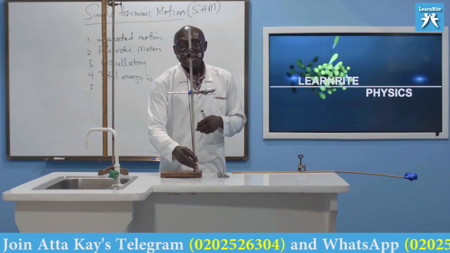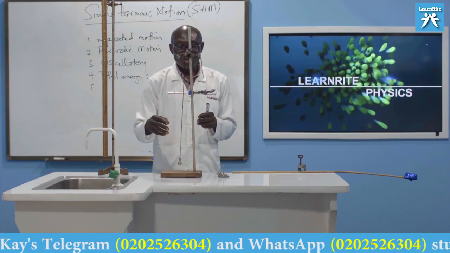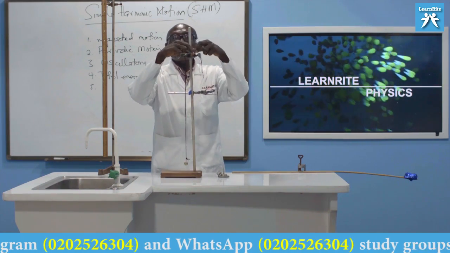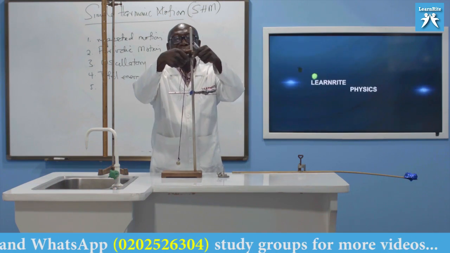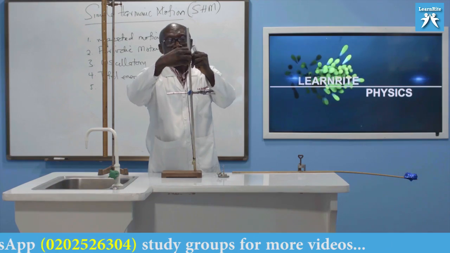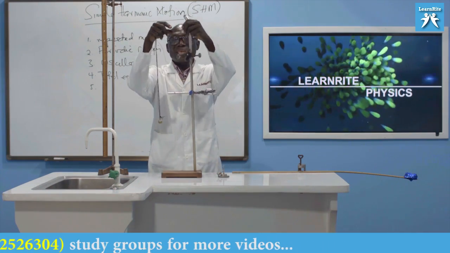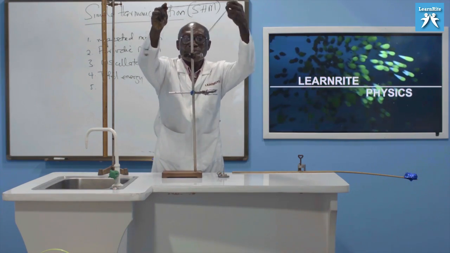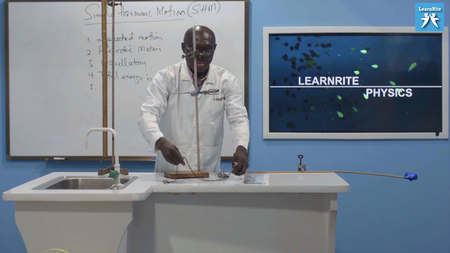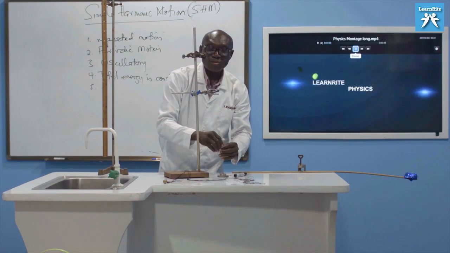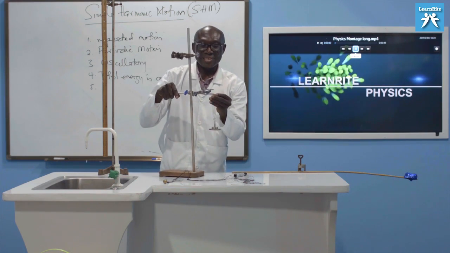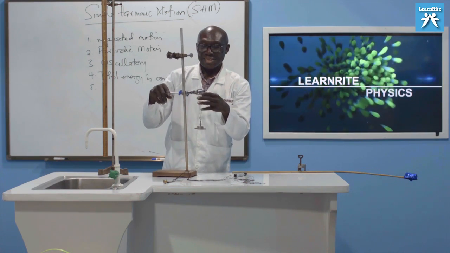All right? The next one has to do with the spring. Elastic spring. I'll take the pendulum off and then I'll mount this spring on this stand. Can you see that?